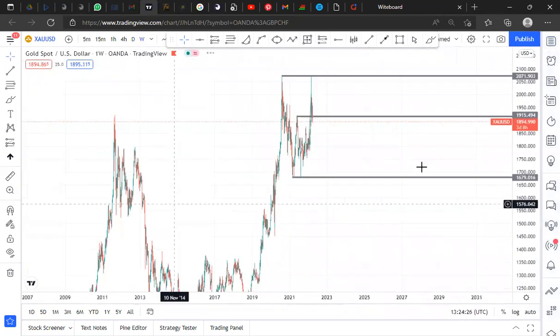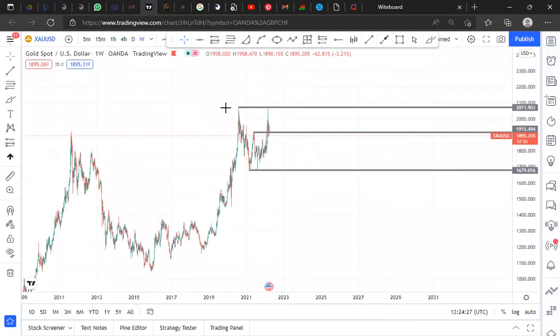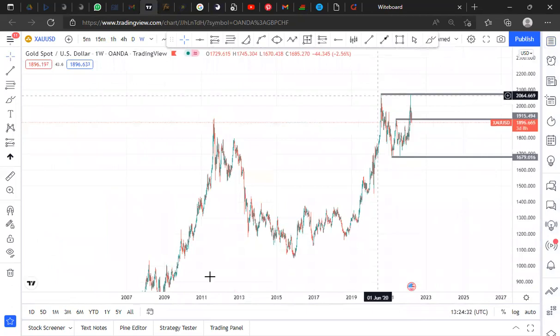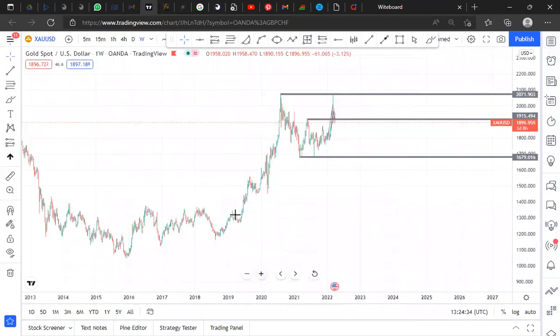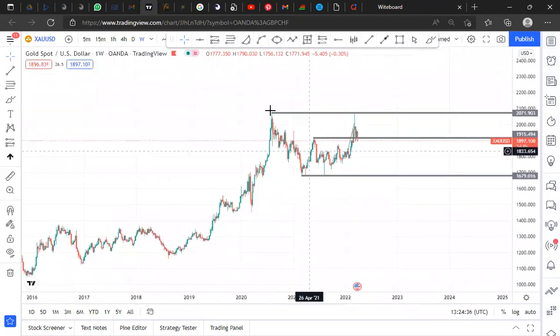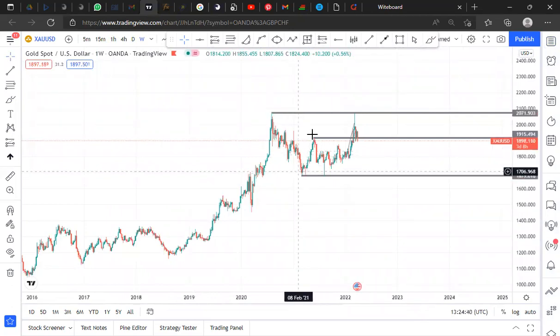So on the weekly time frame here, we can see how price has created a double top. You can see there was a massive sell-off here from gold. When price came back here, the same thing happened. There was also a massive sell-off.